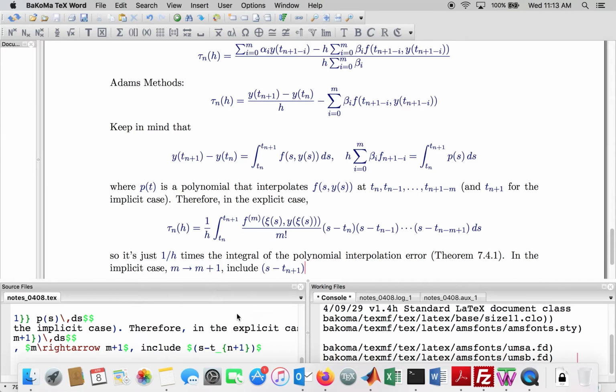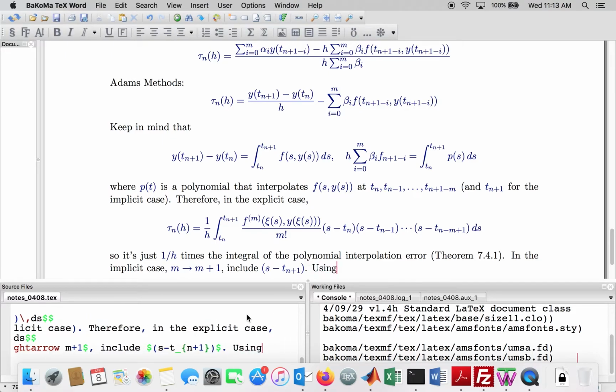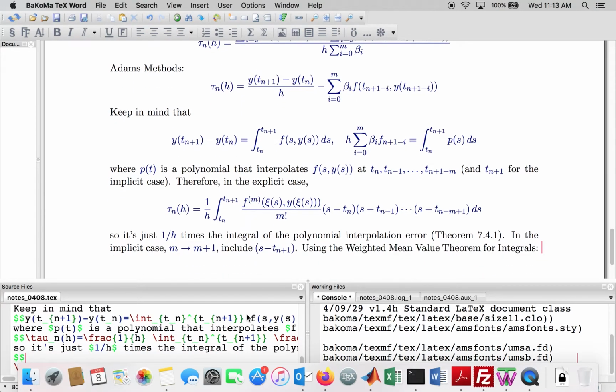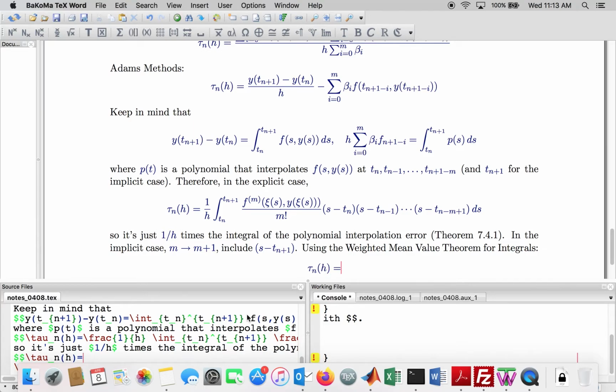Now, this can actually be simplified a little bit. By the weighted mean value theorem for integrals, what we get is, and also making a change of variable, the same change of variable I made last time in multi-step methods, where I map this interval tn to tn plus 1 to the interval 0 to 1.